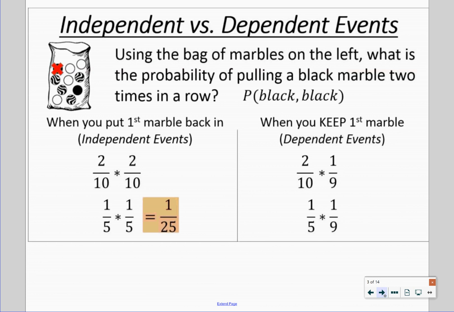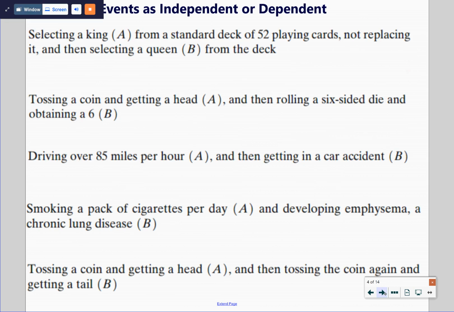Okay, so the first thing that we're going to do on your paper is label these situations as either independent or dependent. If the probability of one thing happening affects the probability of the other, we're going to say they are dependent. If one does not affect the other, independent. All right, so first one: selecting a king from a standard deck of playing cards, not replacing it, and then selecting a queen.